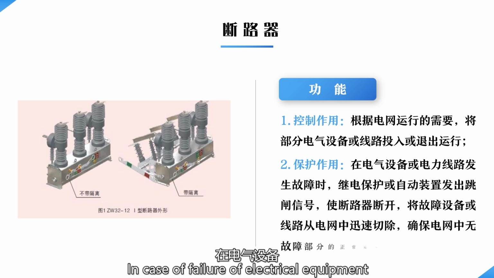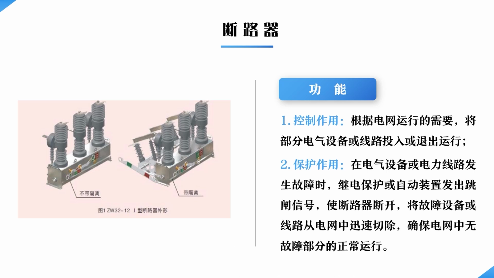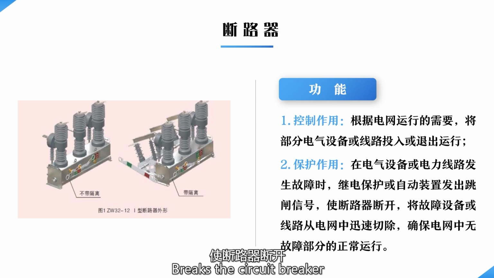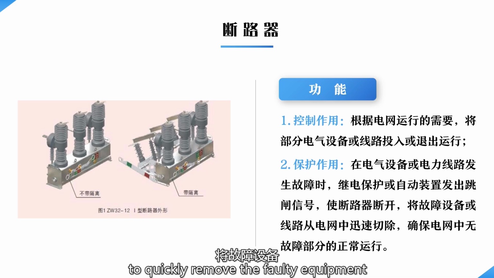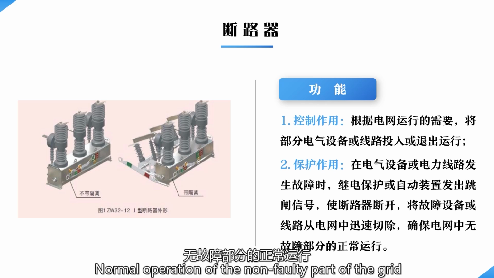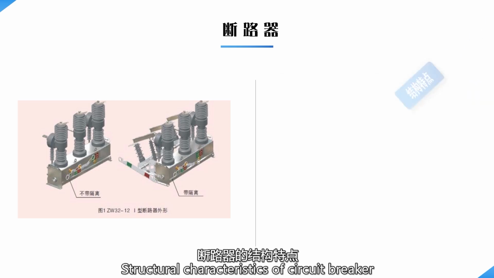In case of equipment failure or power line failure, relay protection or an automatic device sends a trip signal, and the circuit breaker quickly removes the faulty equipment or line from the grid, ensuring normal operation of the non-faulty part of the grid.